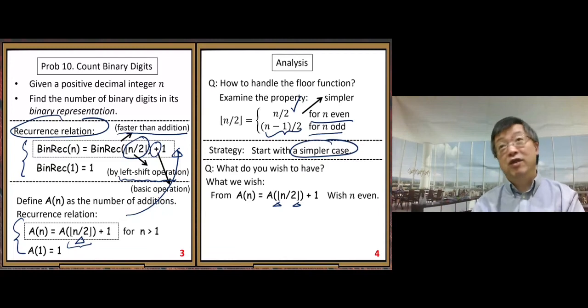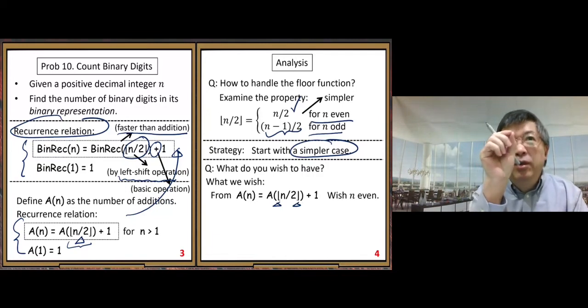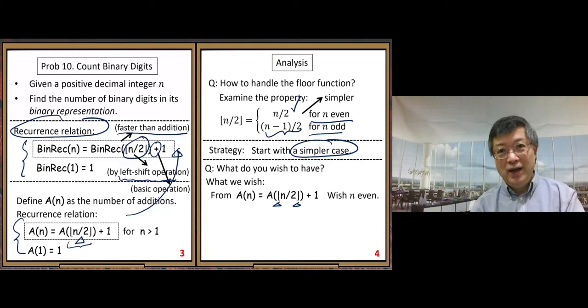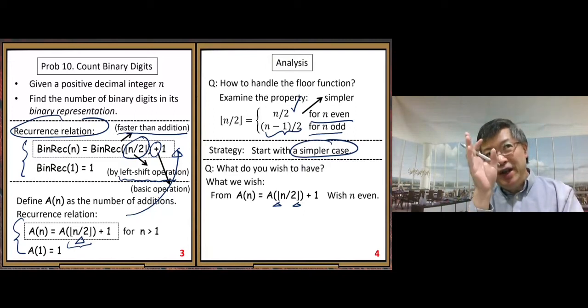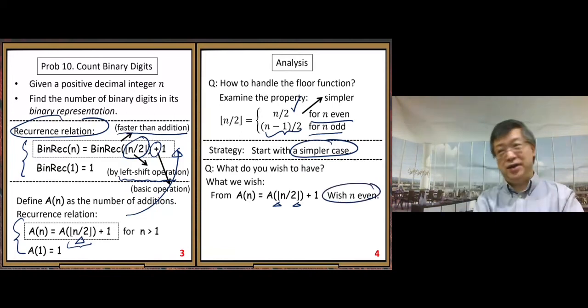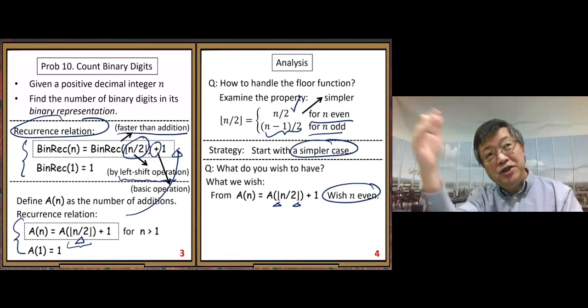But when n is odd, you need to do a little more to make it right. So we choose the easier case first. N even, that's the easier case. So we assume n is even.